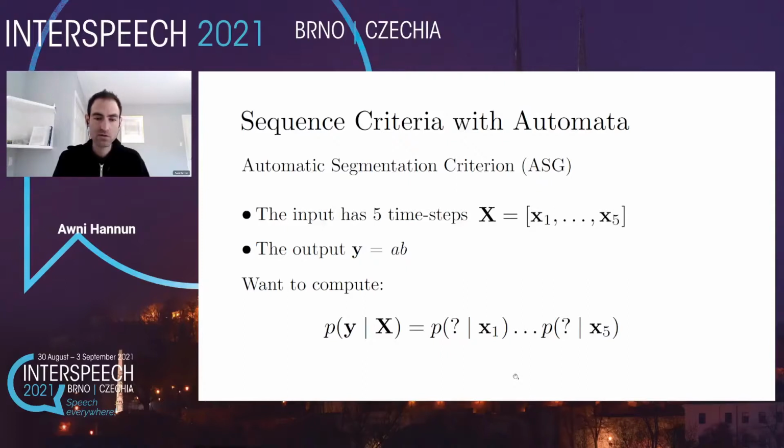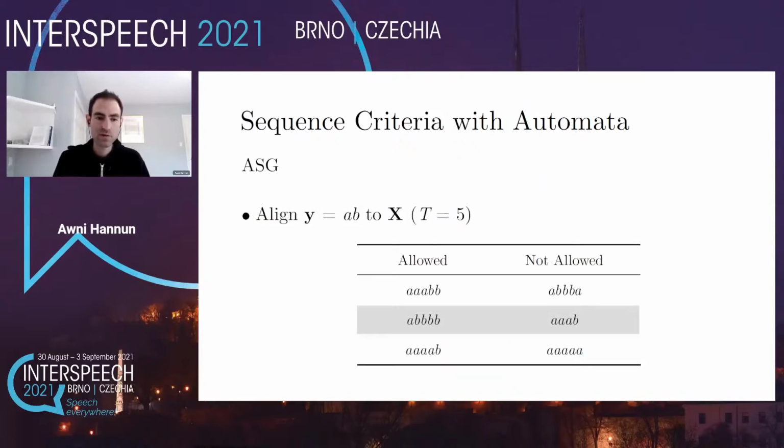So the automatic segmentation criteria specifies a set of allowed alignments. It says for any given output, you can align it to an input by repeating any of the output tokens one or more times.